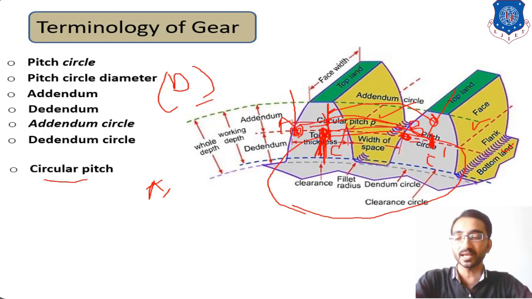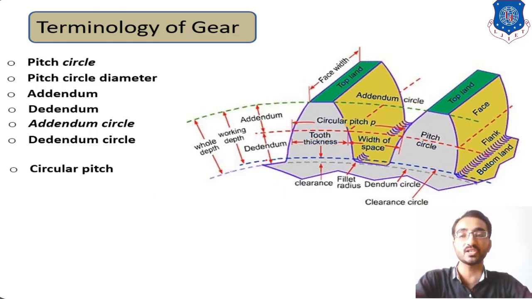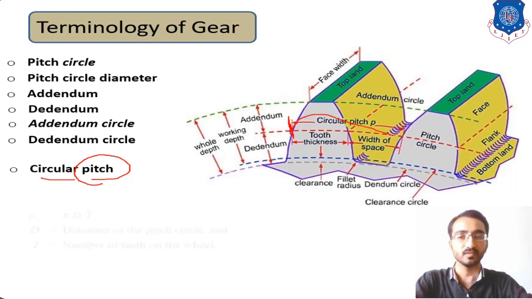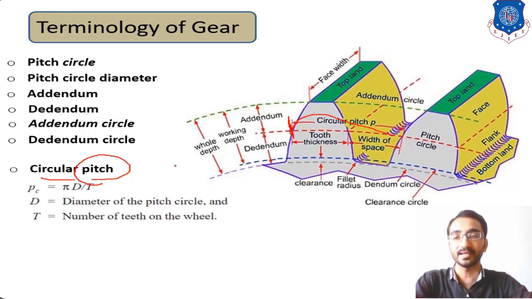Okay, so this formula is very useful and essential to solve examples. That's why this circular pitch, or simply pitch, is the circumferential distance from a point on one tooth to the same point on the adjacent tooth. It is calculated by the equation pi d by t, where d is the diameter of the pitch circle and t is the number of teeth.